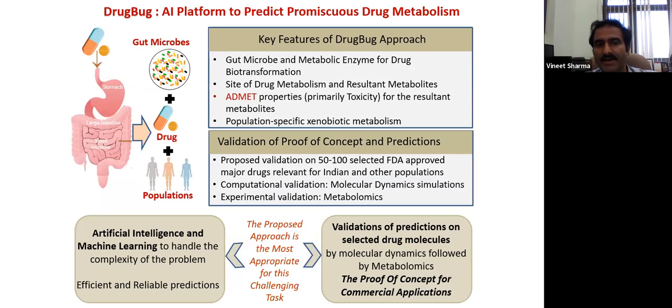And so we developed a tool called DrugBug, which is based on machine learning approaches, and it could find the microbe, the enzyme, and the site of action where these enzymes were actually attacking. And we also showed and validated these predictions by real, known examples, and also by molecular dynamics approaches.